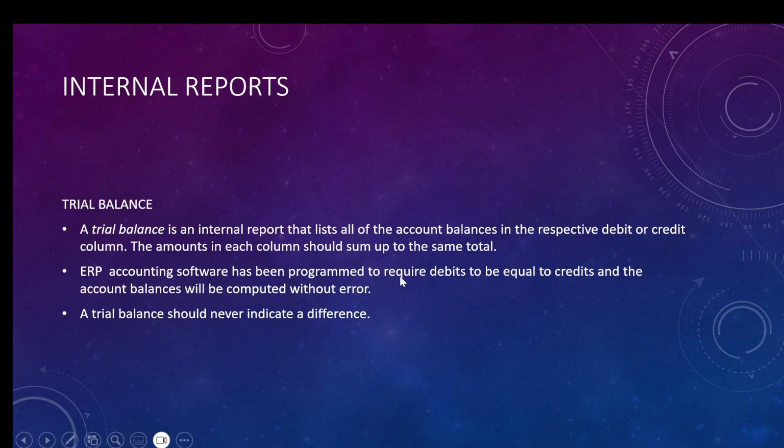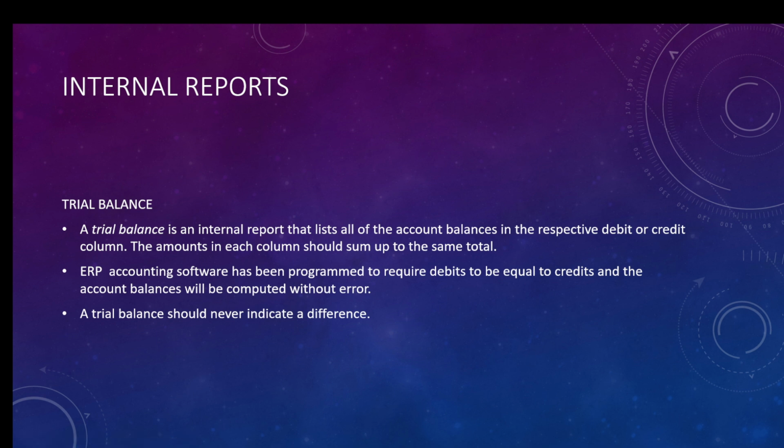Any ERP accounting software has been programmed automatically to ensure that your debit equals credit, and there is no computing error in that. If there is an error, it means that the trial balance will go out of balance. If a trial balance is out of balance, it means that your accounting posting has some issue. You have to drill down and examine account wise.